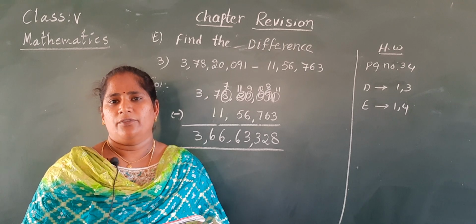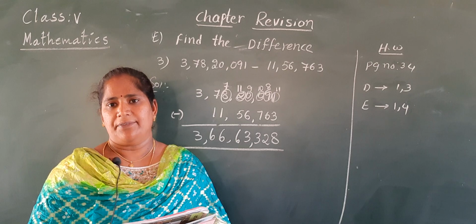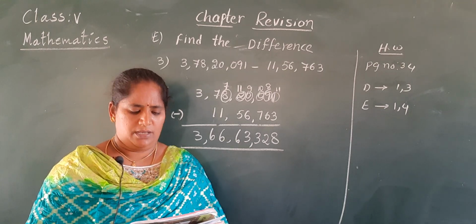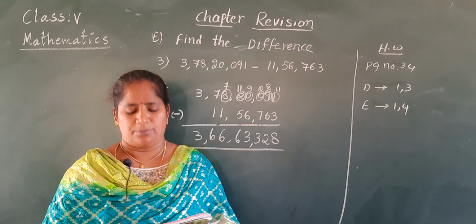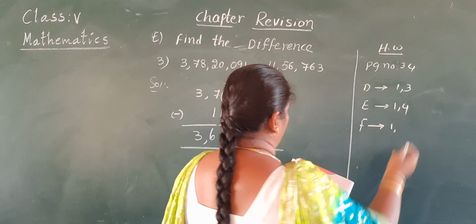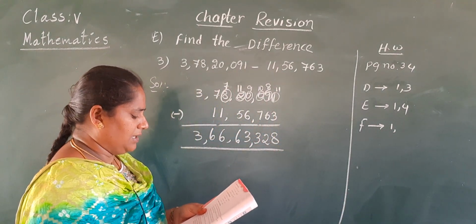Total means which operation you have to select? Yes, plus. Total is the keyword for addition. So you do plus. Okay, ma? So do the first problem in the homework book. The first one is homework. And second one.